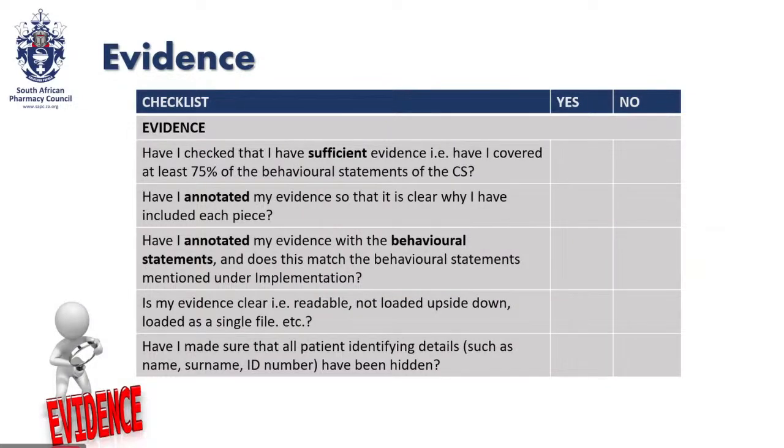And have I made sure that all patient identifying details have been hidden? And please, that's very, very important. Please remember, for example, blue copies, the top and the bottom, Schedule 6 registers, all the patients. There's a lot of places. Labels, when you take photos of the medication, please ensure that the patient is not identifiable.